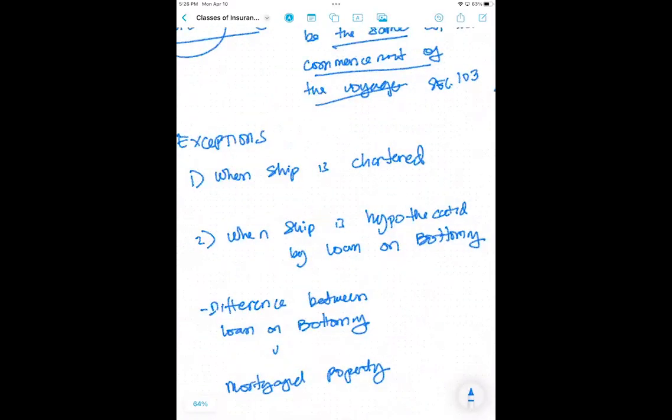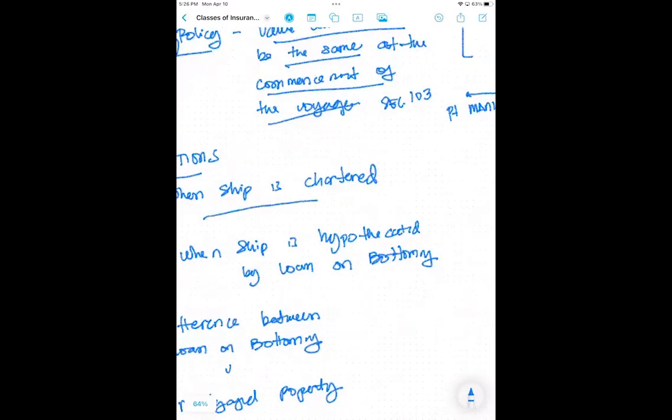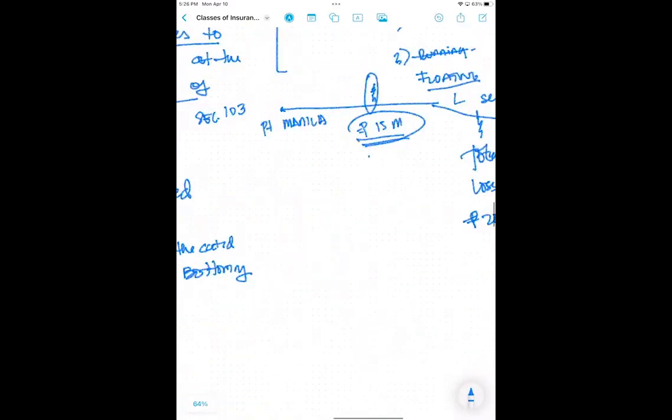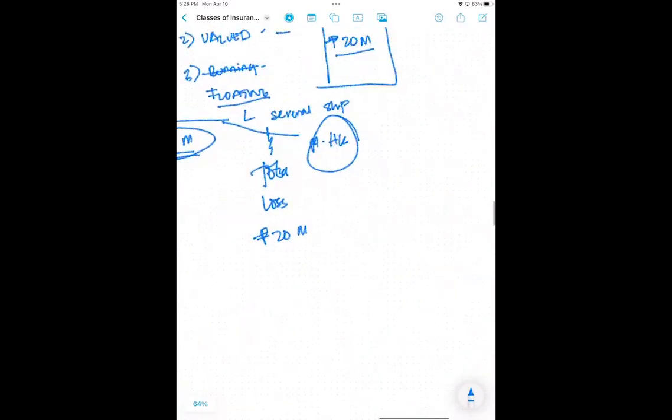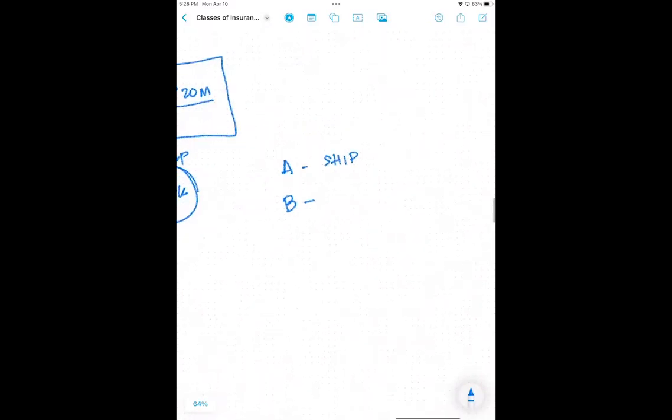Now, so we have here exceptions. Exceptions when the ship is chartered. So ano ba tong when the ship is chartered? So let's say, for example, A owns a ship, and the ship is chartered by B. In other words, kumbaga parang aarkilahin.